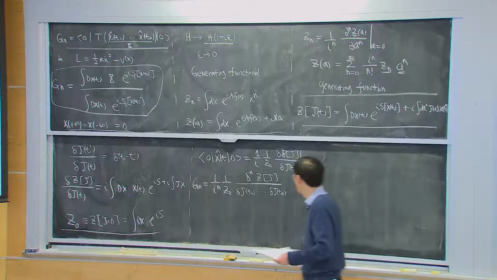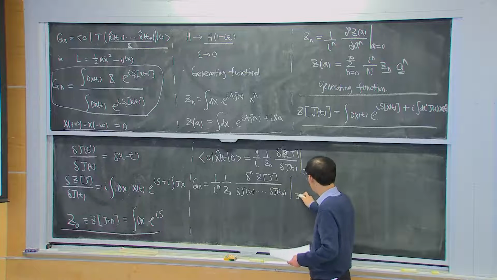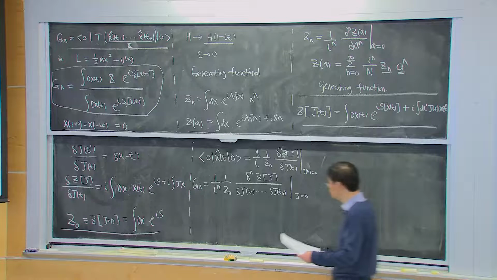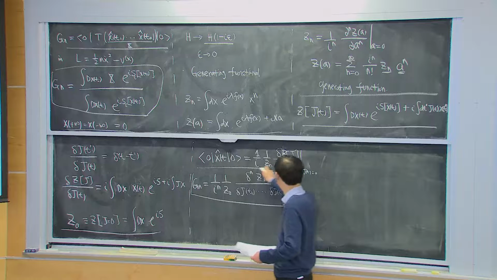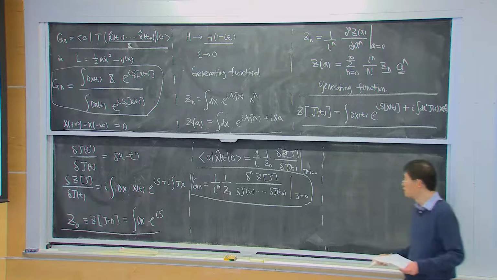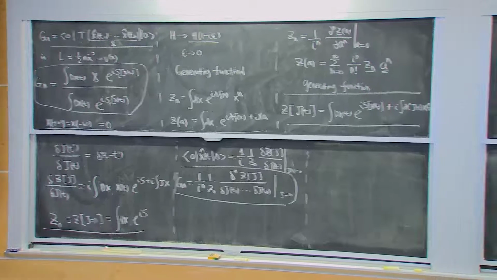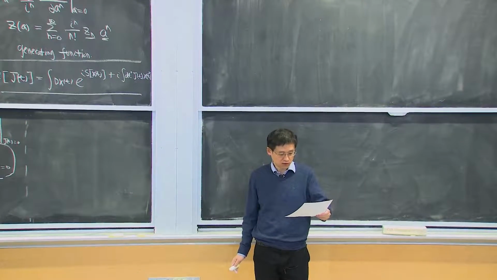After you take the derivatives, you set J equal to 0. This gives you the n-point function. If you know how to compute this Z of J, you only need to do derivatives, which is much simpler. You only need to do the path integral once, and then just do the derivatives. Any questions on this?